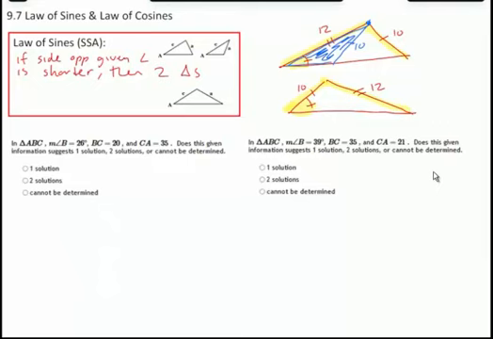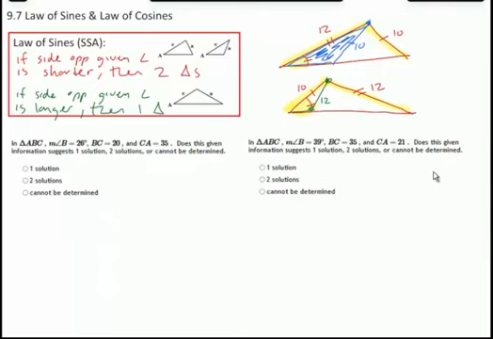However, if the side opposite the given angle is the longer of the two, then there's only one triangle. Imagine if you hinged this side right here and tried to rotate it around, could you create another side here that's 12?